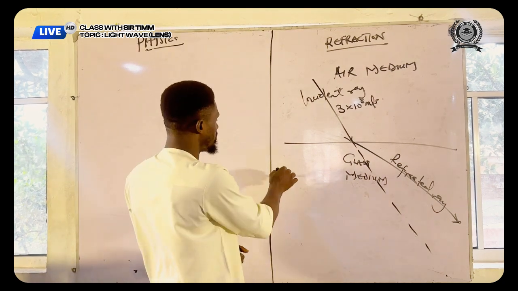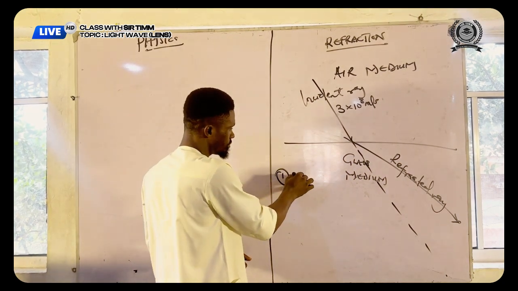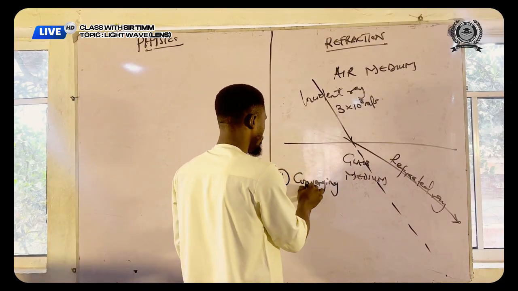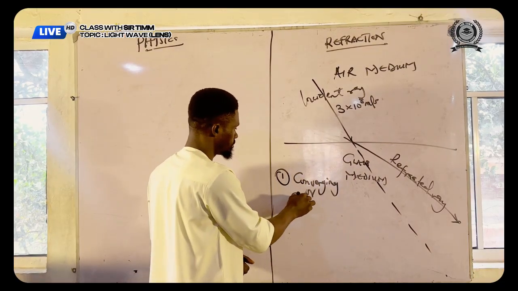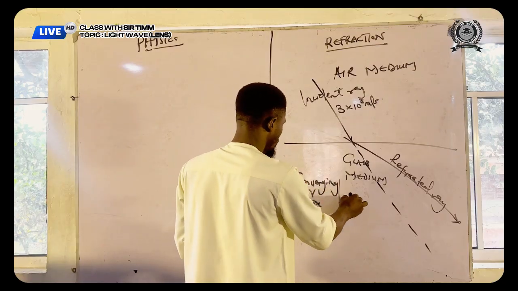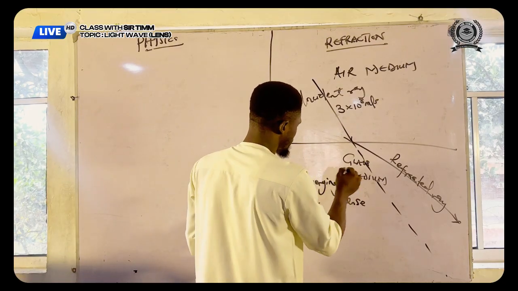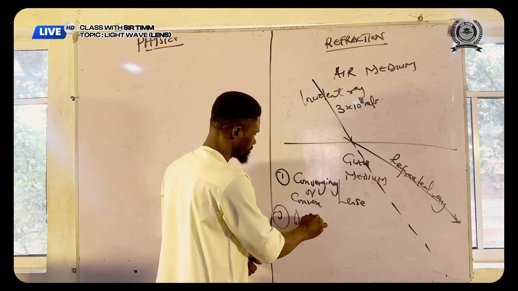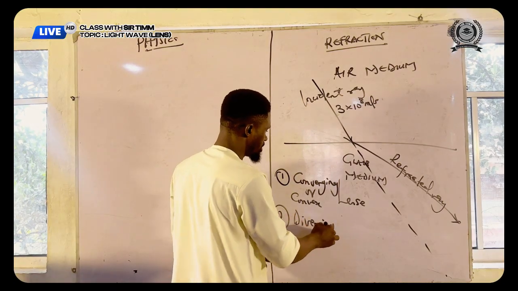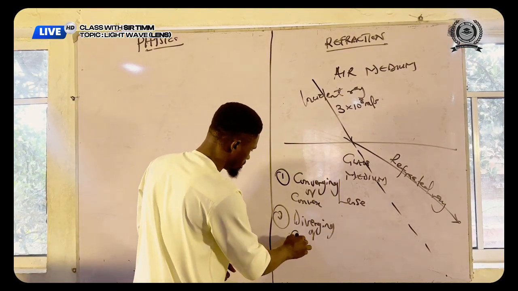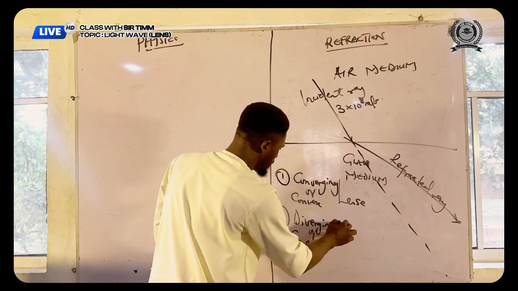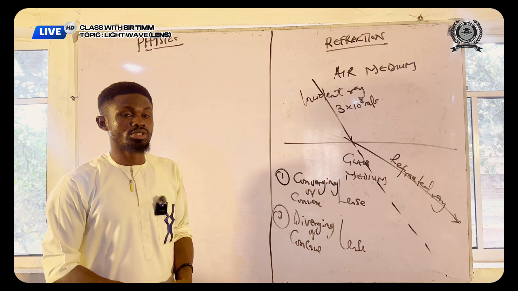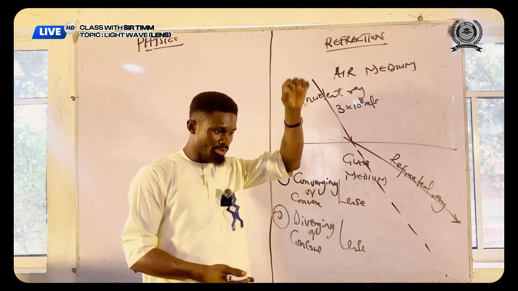Okay? We have number one, converging or convex lens. Number two, diverging or concave lens. Are you with me? Yeah.